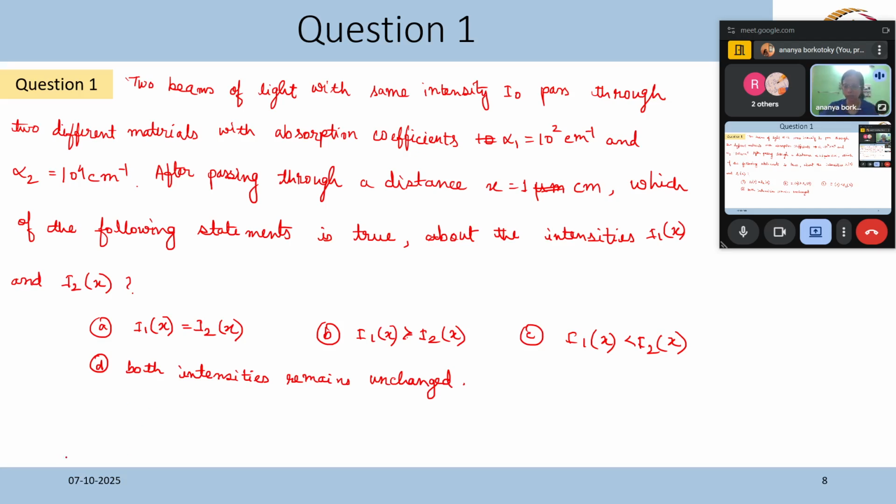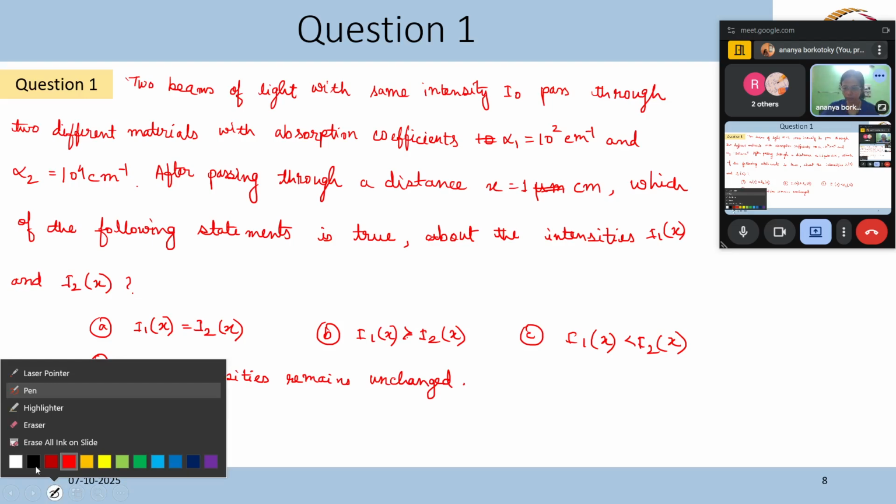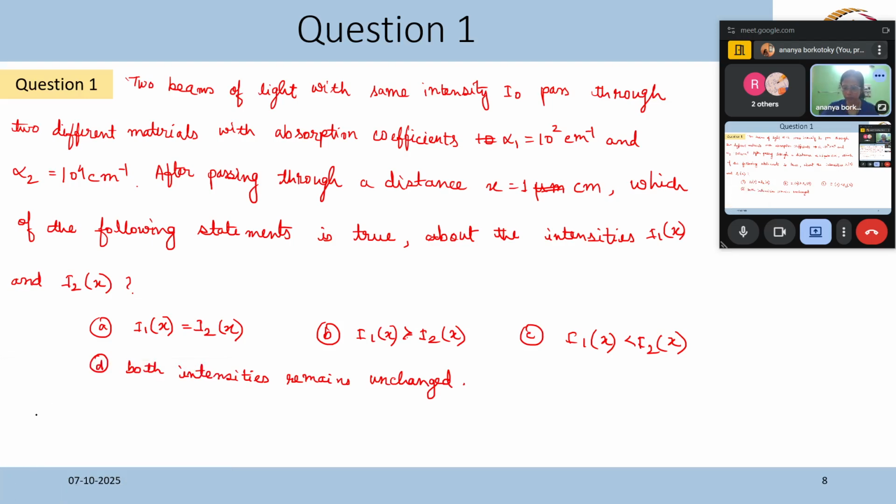So what is the answer? We know this expression: I at any point is equal to I naught exponential minus alpha into x. There is an exponential decay of the photon intensity due to absorption in the material, and absorption depends on the absorption coefficient.